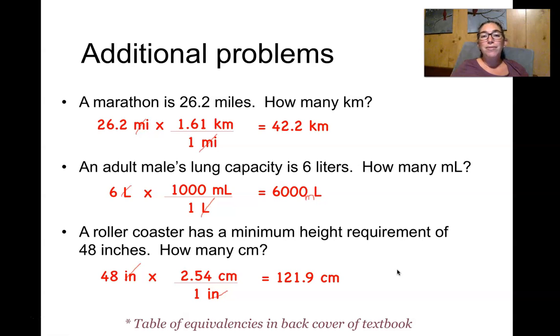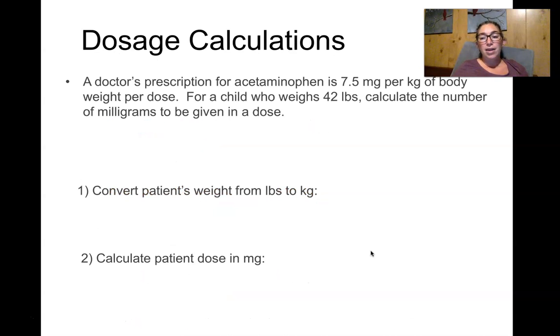So my rule of thumb is if it goes past the decimal point in your calculator, just round it to one place after the decimal point. If you wrote 122 centimeters on a test, I would not count off for that, because again, I'm not focusing on appropriate rounding and significant figures in this level course.